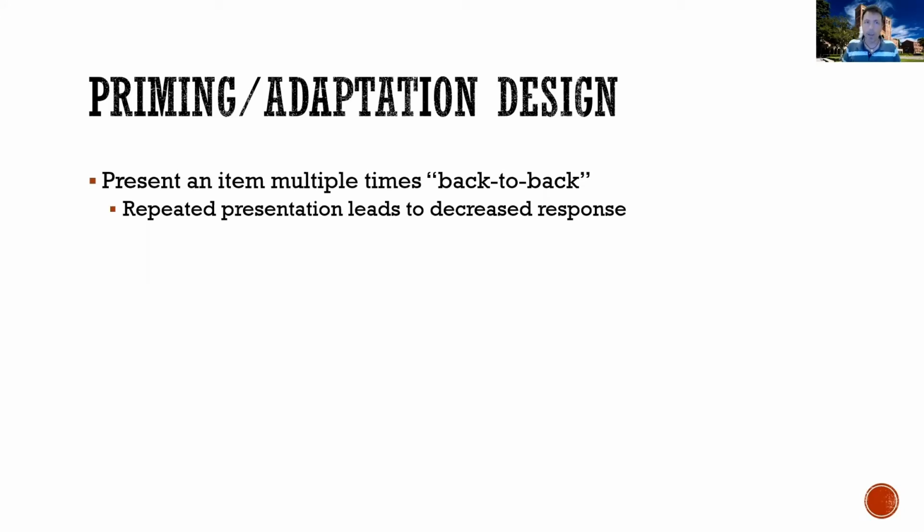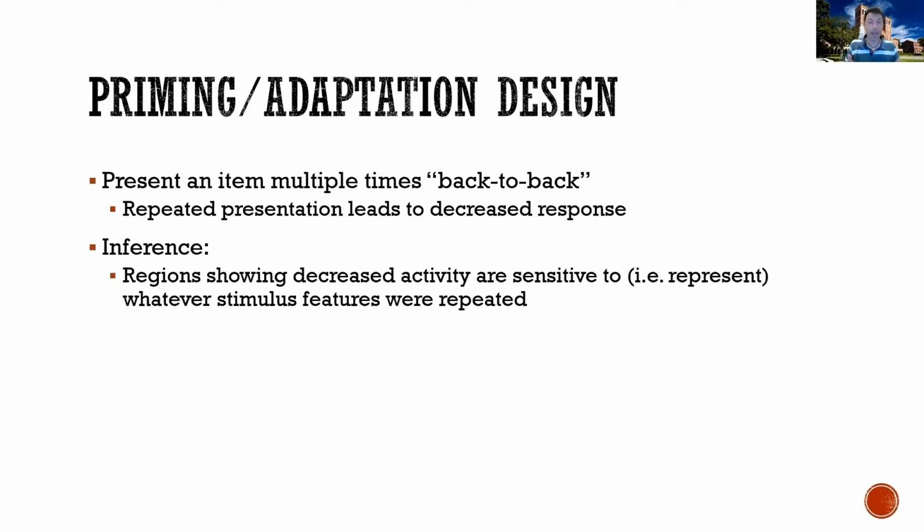So the inference would be that if I show you a given stimulus or some kind of feature 2 times back to back, if some part of the brain responds a little bit less the second time around, that must mean that that part of the brain is important or sensitive to that stimulus or feature.